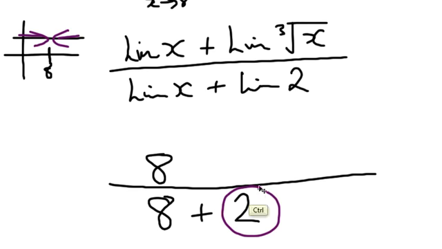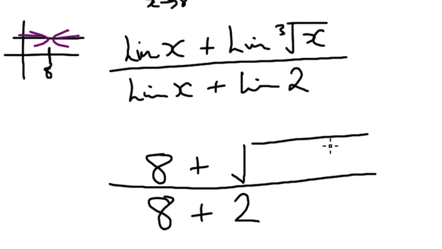Okay, this bit here will be 2, and now this is the hard part. Well, it's not really hard. Finding out the limit of this is the same as doing this: you take the cube root of the answer of the limit of x, as x tends to 8.